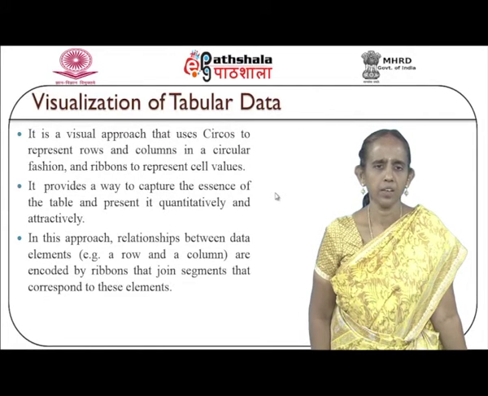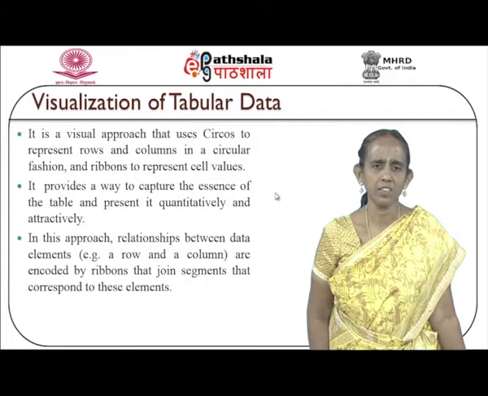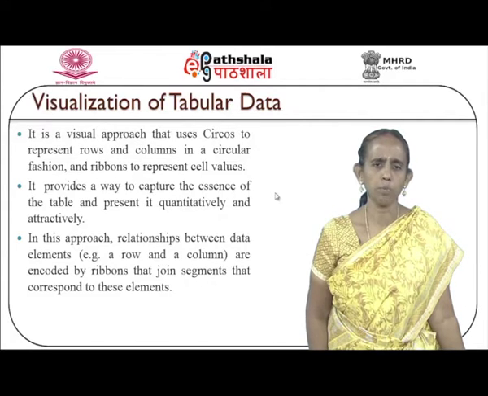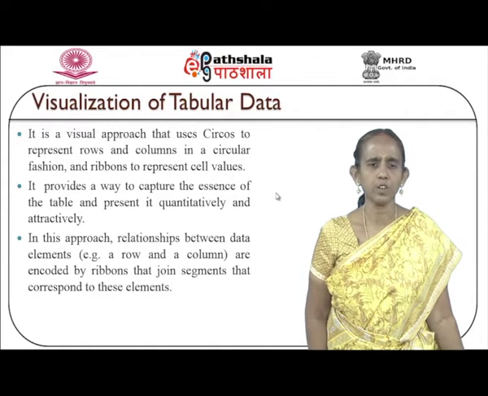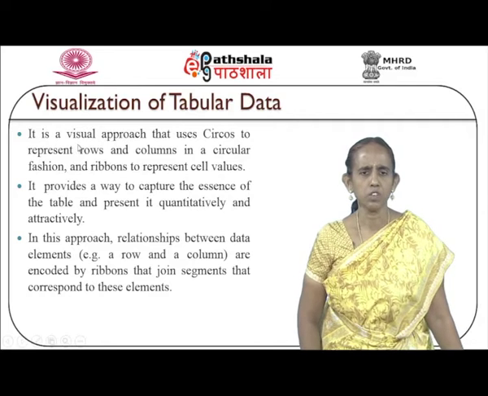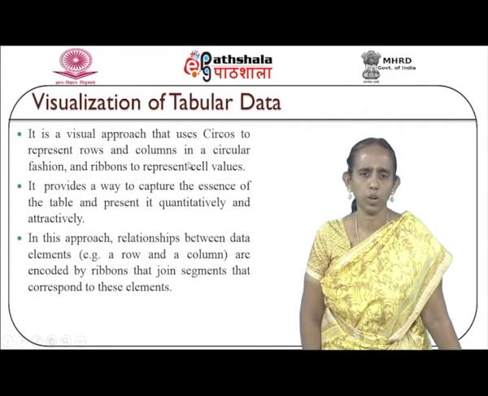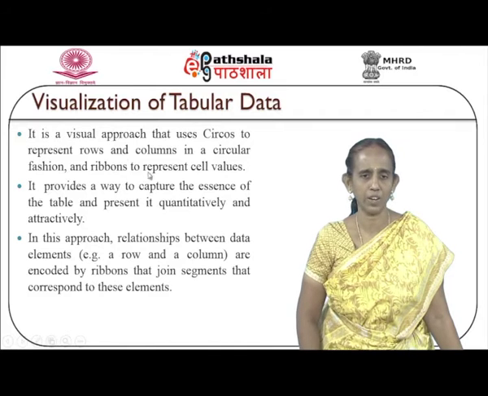It is a visual approach that uses circles to represent the rows and columns in a circular fashion and ribbons to represent the cell values. It also provides a way to capture the essence of a table and present it quantitatively and attractively. So this is a different approach towards tabular data visualization that uses circles to represent the rows and columns in a circular fashion, and the ribbons are used to represent the cell values.